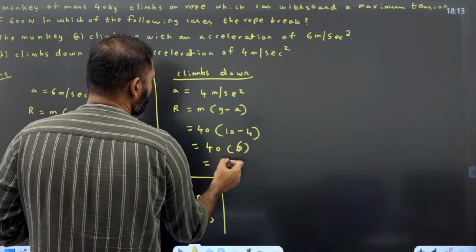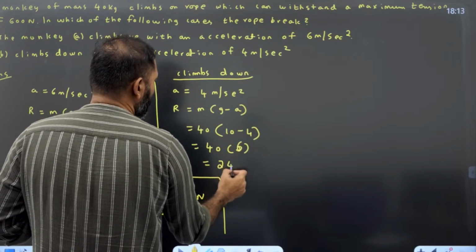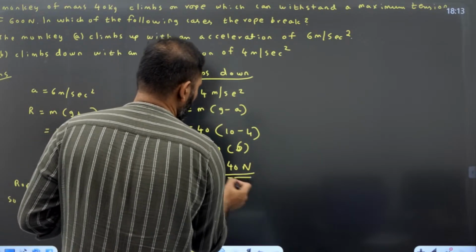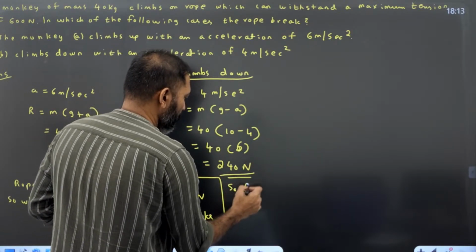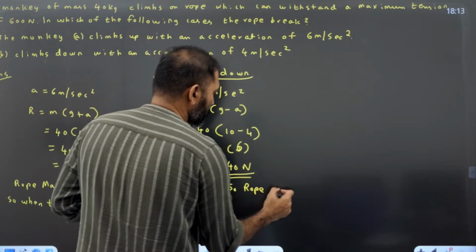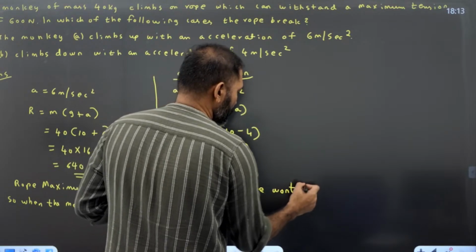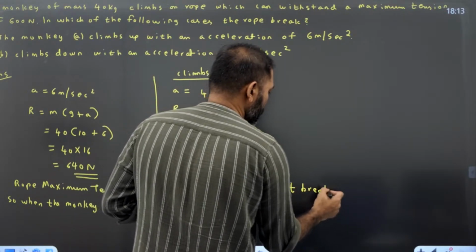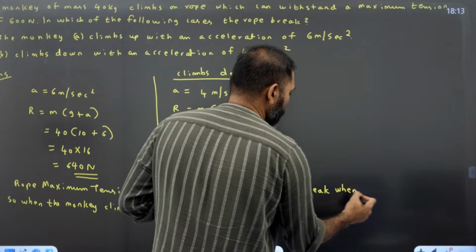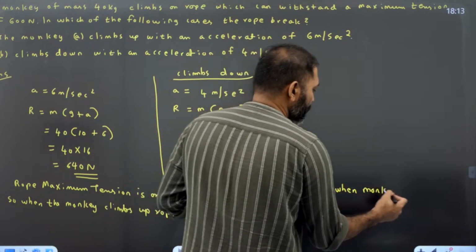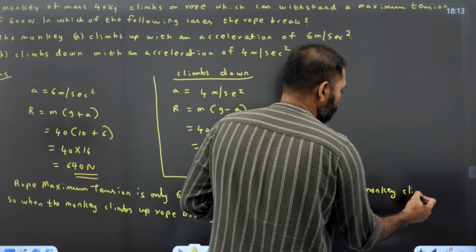So the answer is 240 Newton. So the rope won't break when the monkey climbs down.